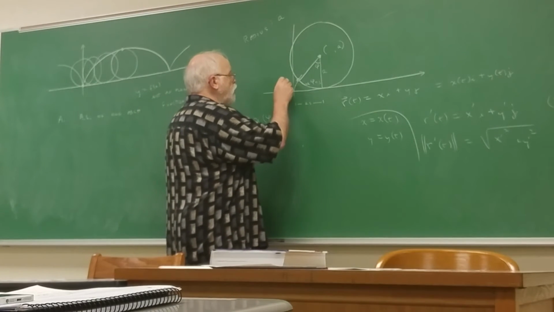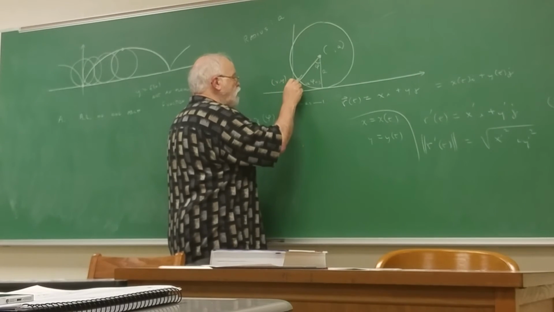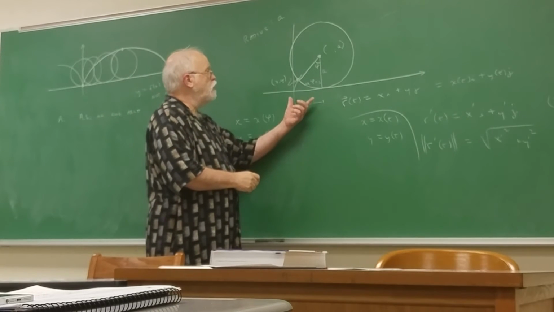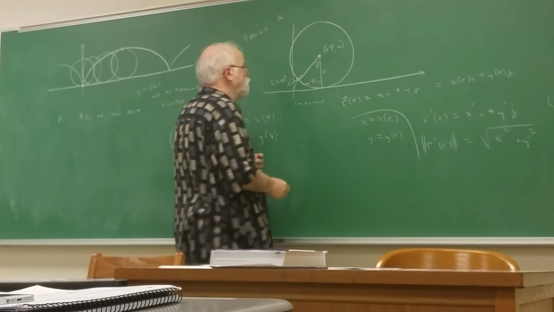And so what I'm looking at is x and y. X and y are going to be the coordinates of the point I'm after. This is not x; this is the x coordinate of the center, so I'm going to write A phi here.